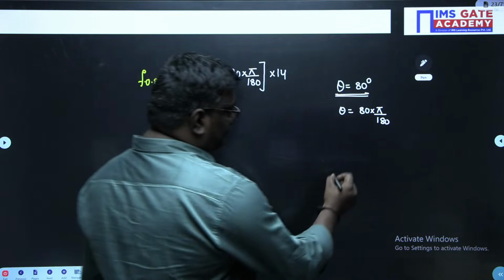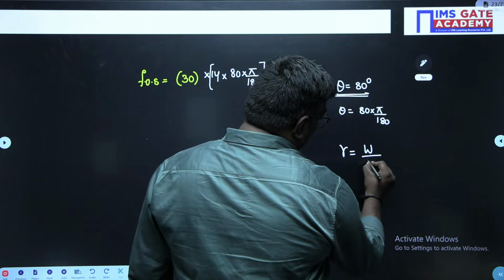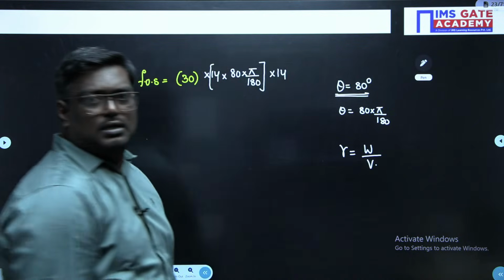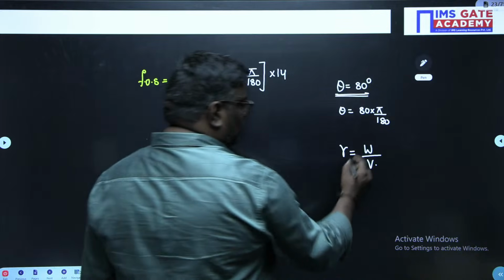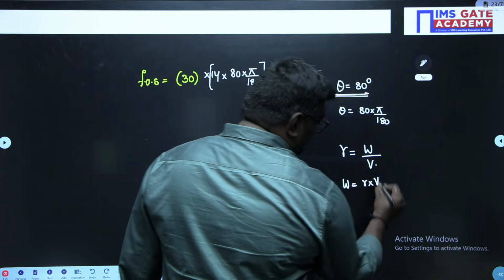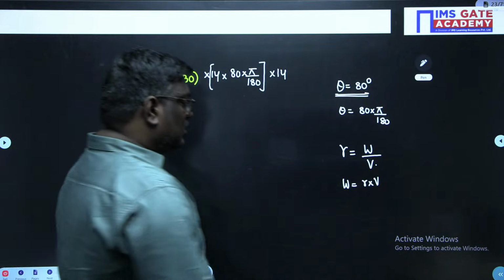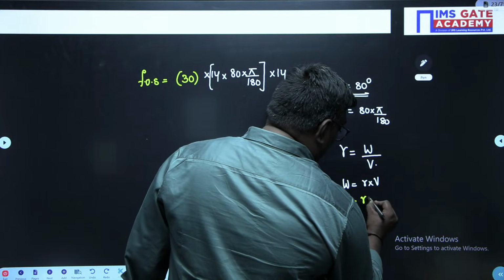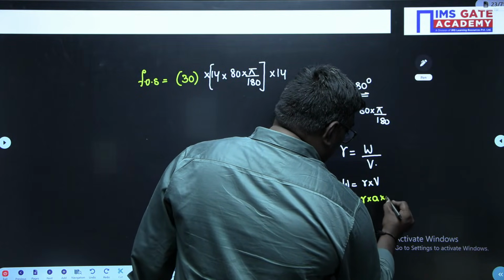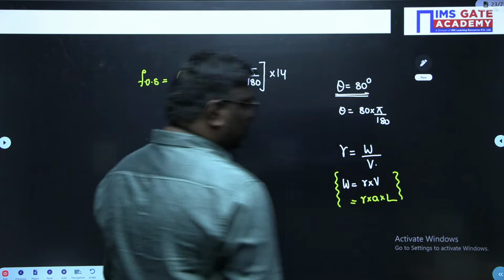You know gamma is weight by volume, so weight can be written as gamma into volume. Again, volume can be written as area into length. So weight is equal to gamma into area into length. This is the formula.